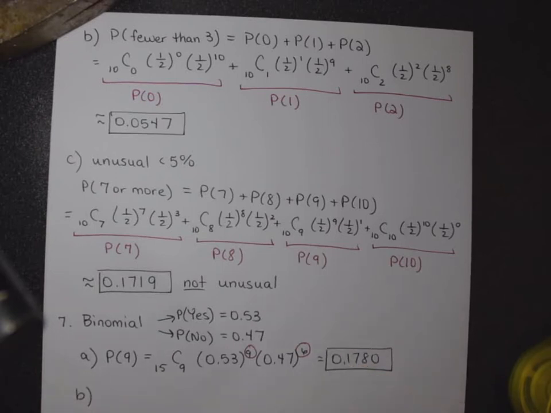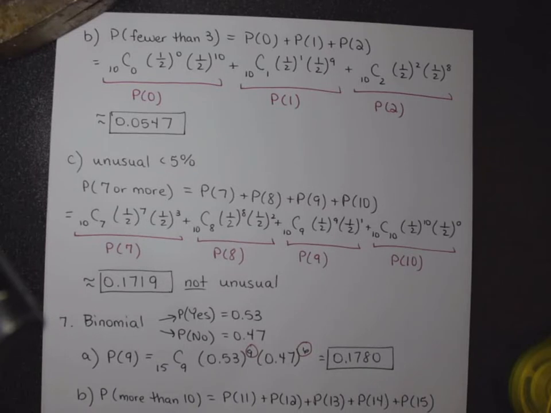The probability of more than 10 is going to be the probability of 11, 12, 13, 14, and 15. I'm only going to list a couple of these because I think we've done enough of these.